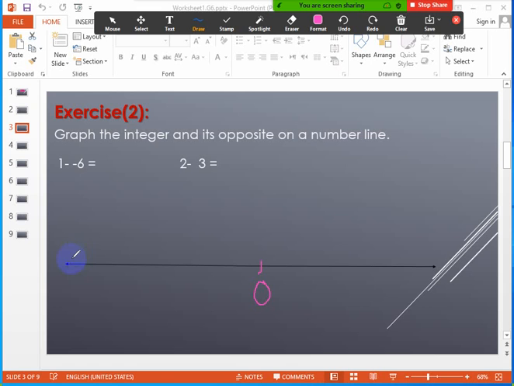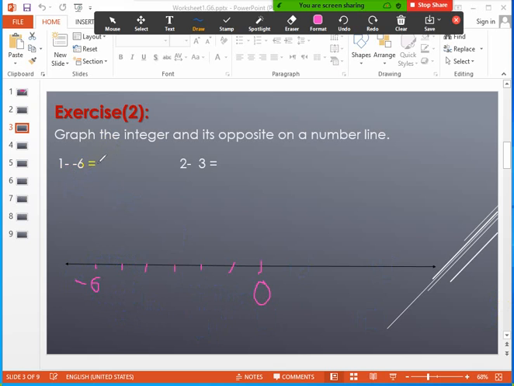Okay. So -6, I have to count here 1, 2, 3, 4, 5, 6. This is -6. Now, Arwa, I want you to tell me what is the opposite of -6?